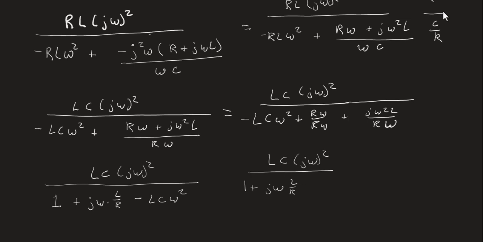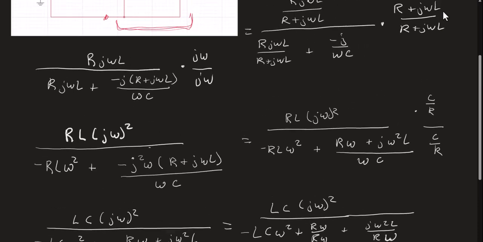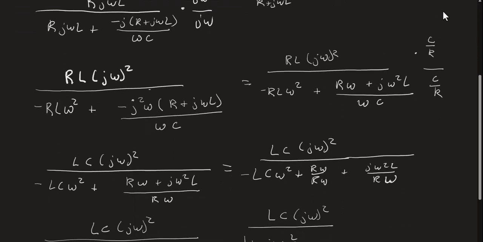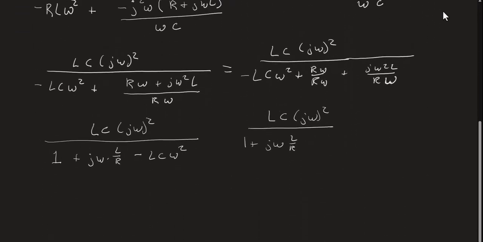So what we're supposed to have, if we look at our transfer function, is plus j omega over omega c squared. I can write this as plus, and now j squared is negative 1.